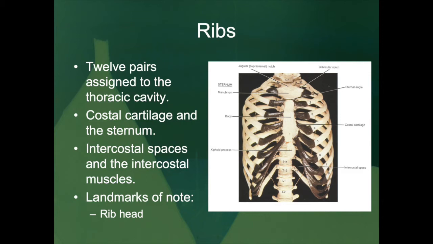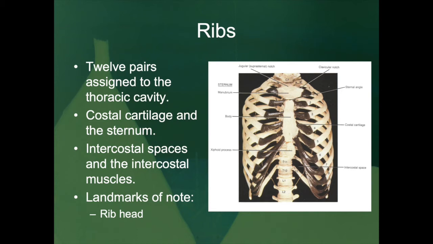The first through the seventh ribs themselves have direct anterior attachments to the sternum. We recognize a strip of hyaline cartilage called costal cartilage, costa meaning rib, as being associated with that direct attachment point. The ribs in this case are called true ribs because of their attachment. The remaining 5 ribs are referred to as false ribs because their costal cartilage do not attach directly to the sternum.